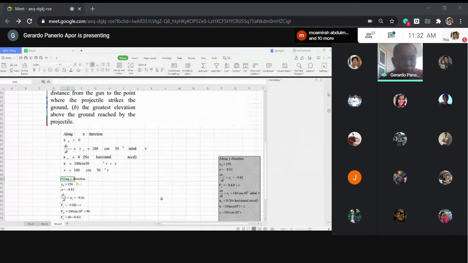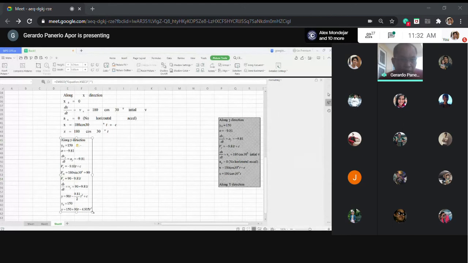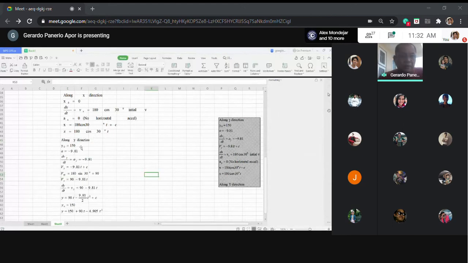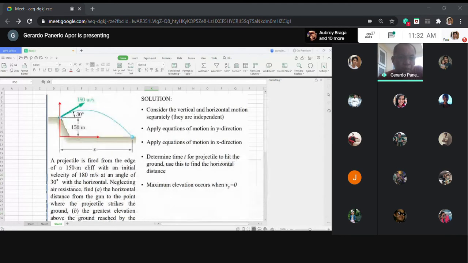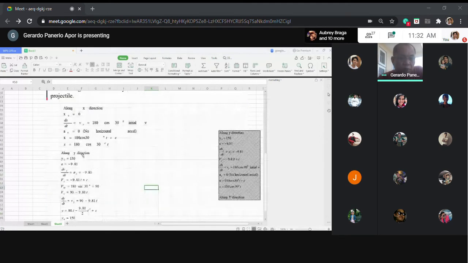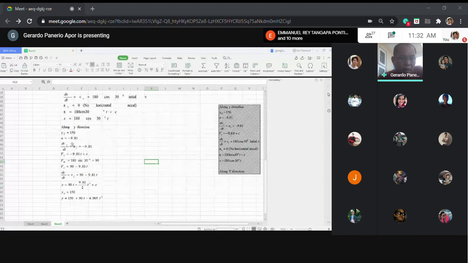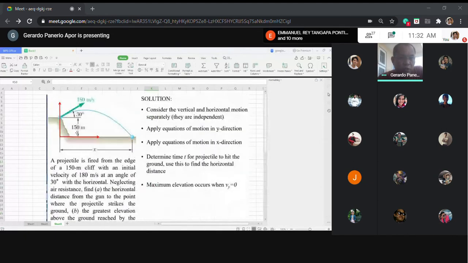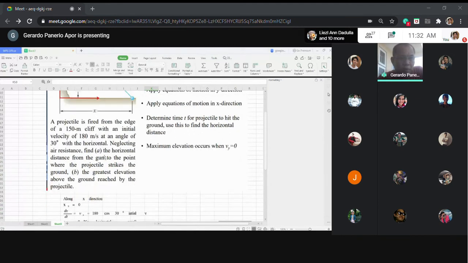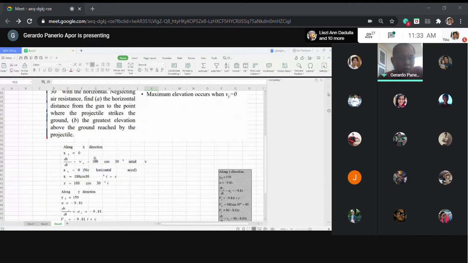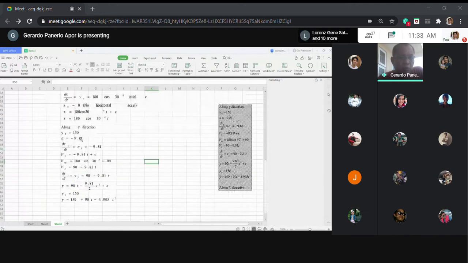So that's it. This is what I have said a while ago. Along y direction, based on the graph, the initial y is 150. The acceleration, although not given because the projectile is pulled vertically by the action of gravity, is not given in the problem, but we can supply it.